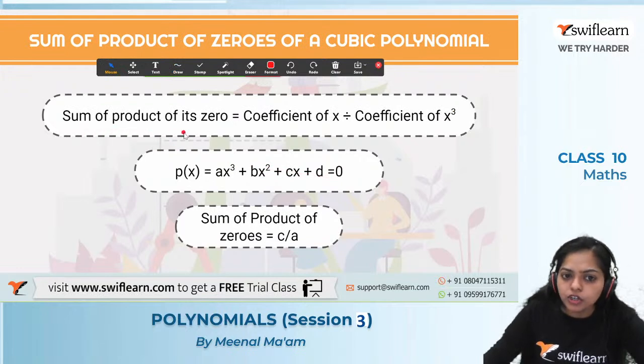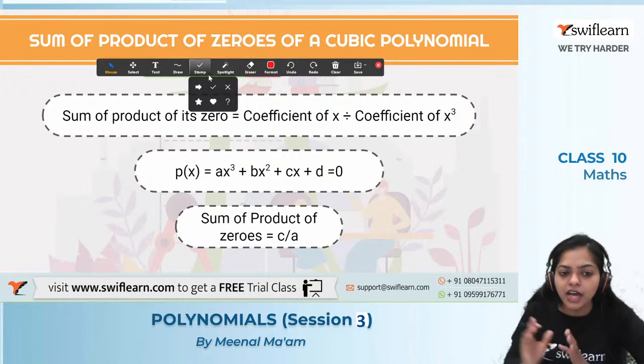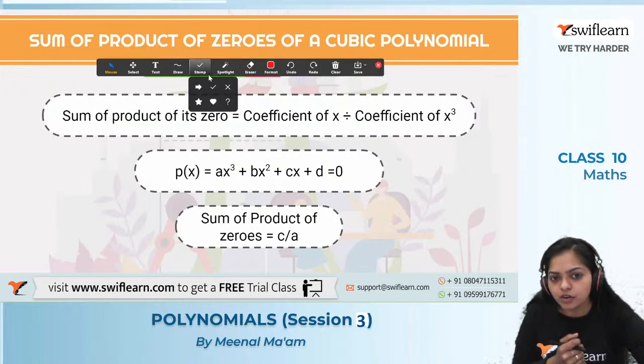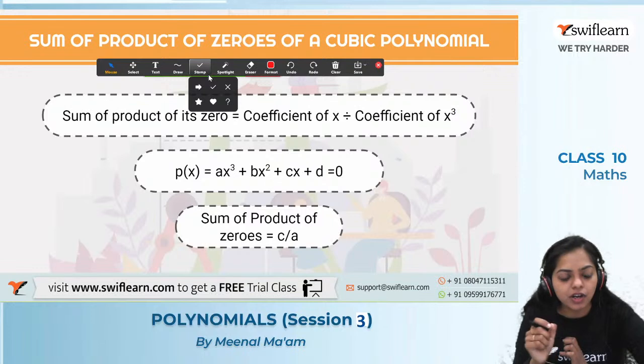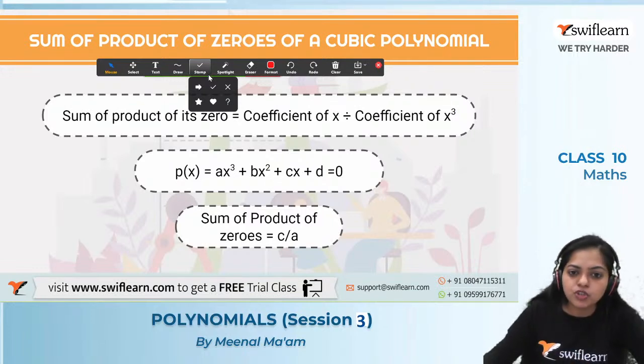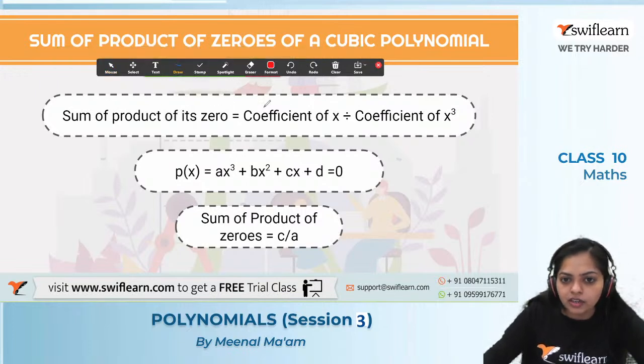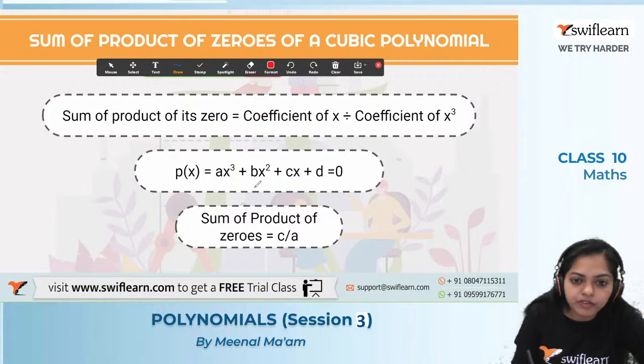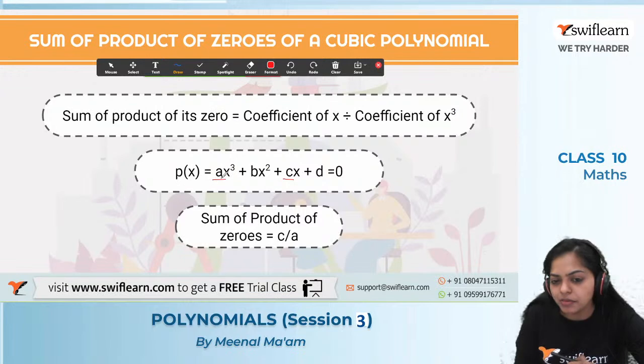Sum of product of its zeros. So here what is given? We have to sum the product of its zeros. Means if the zeros are alpha, beta and gamma, then alpha beta plus beta gamma plus gamma alpha will be equal to coefficient of x divided by coefficient of x cube. Alright, so coefficient of x is c, divided by coefficient of x cube, that is c by a.